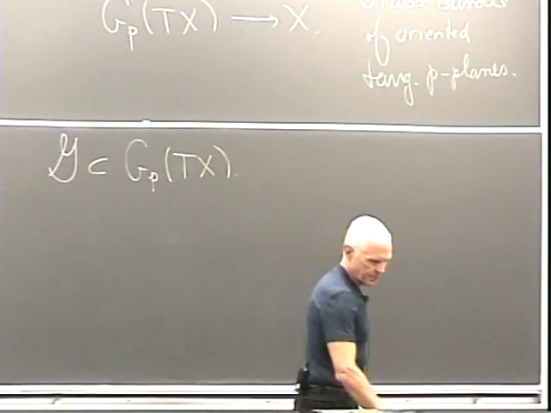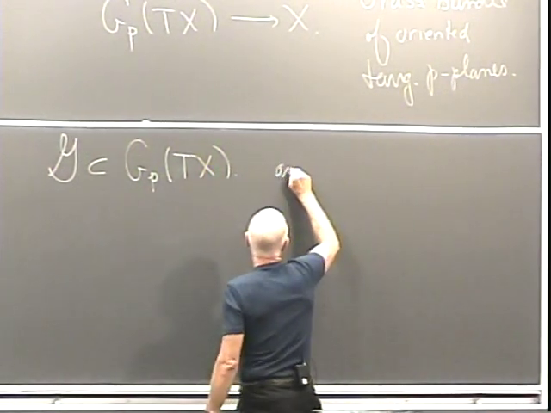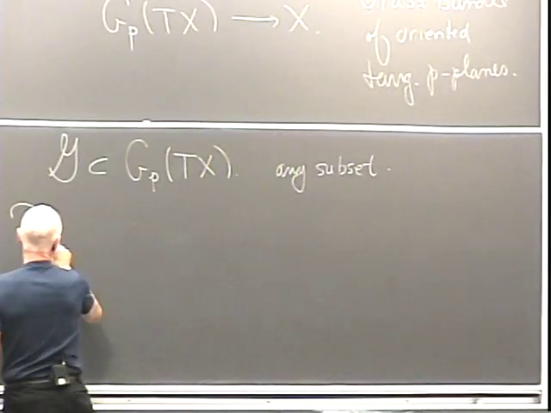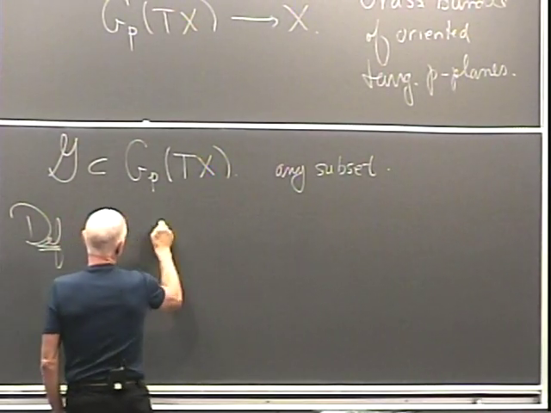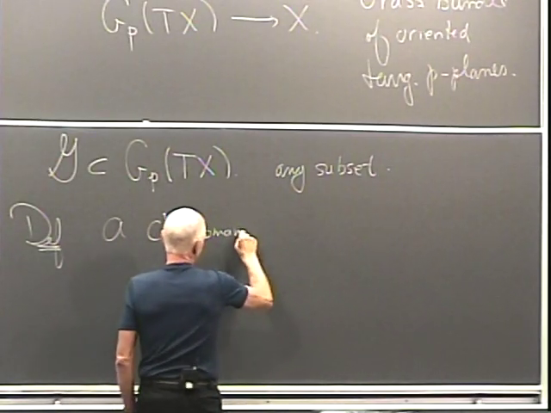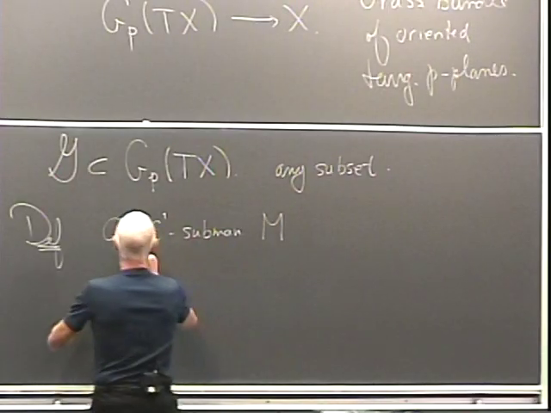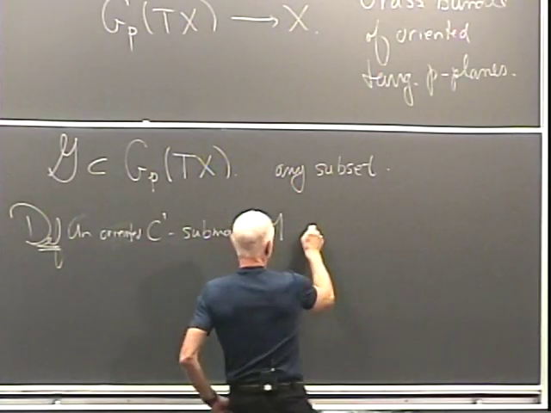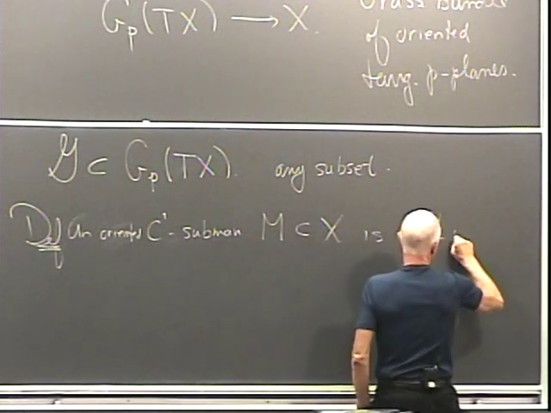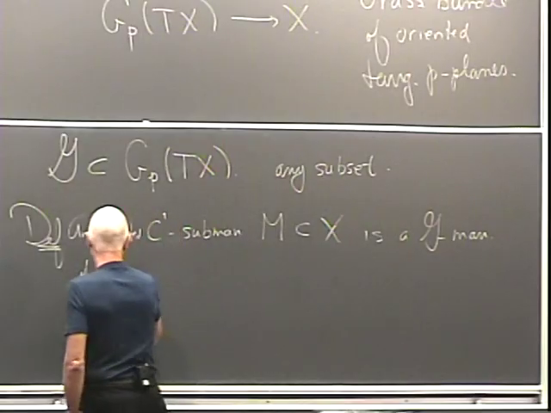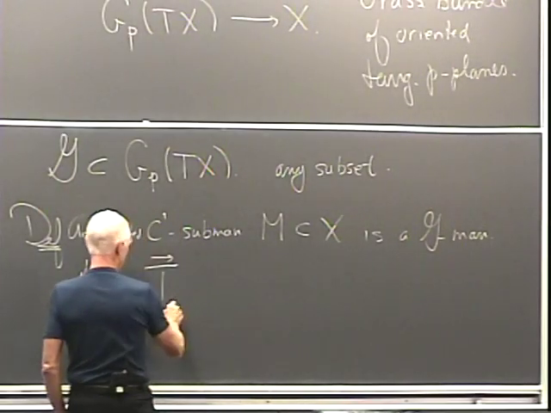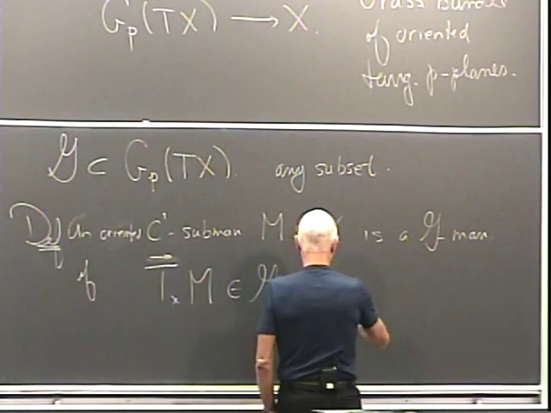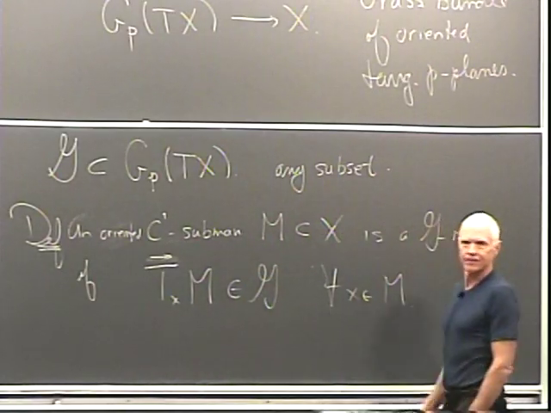Then you say that an oriented C1 submanifold sitting in X is a G manifold if the tangent space, the oriented tangent space, I'll indicate that it's oriented by putting an arrow over it, is an element of G for all points in M. Very simple idea.